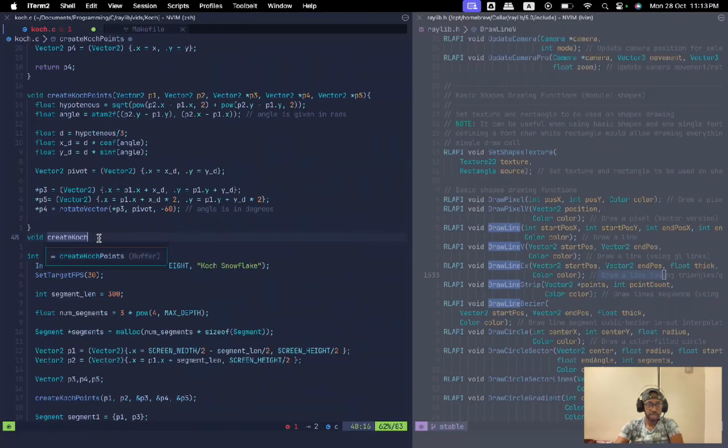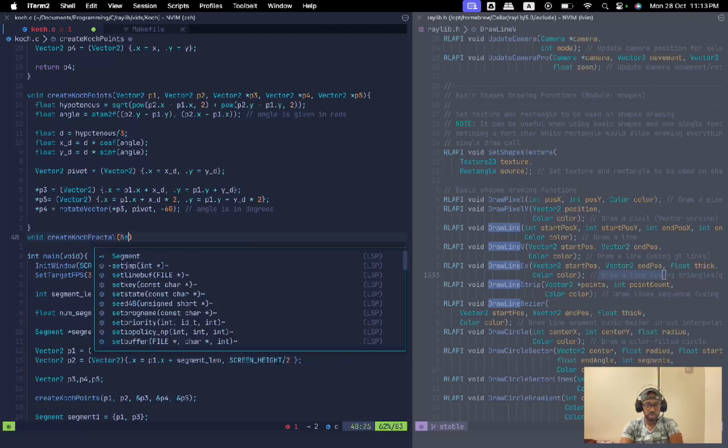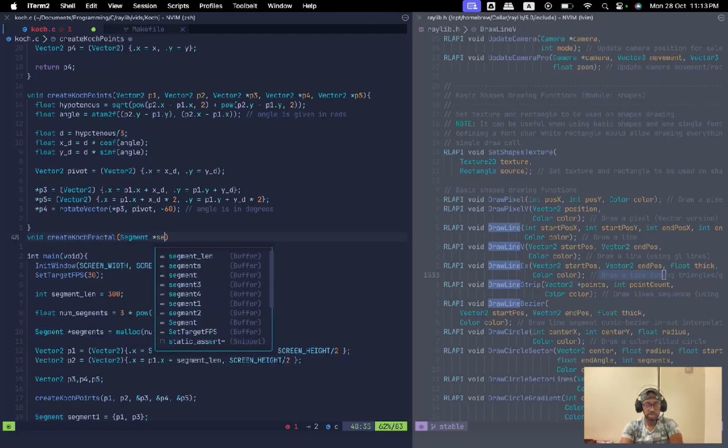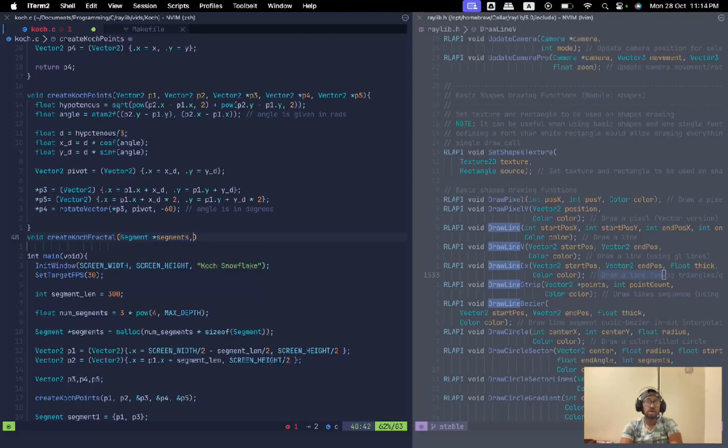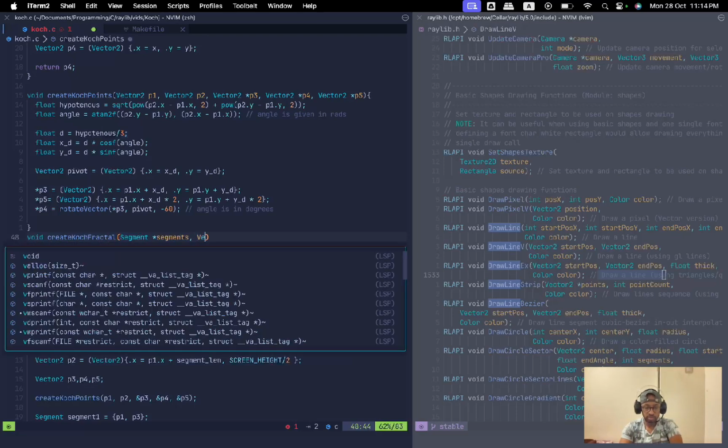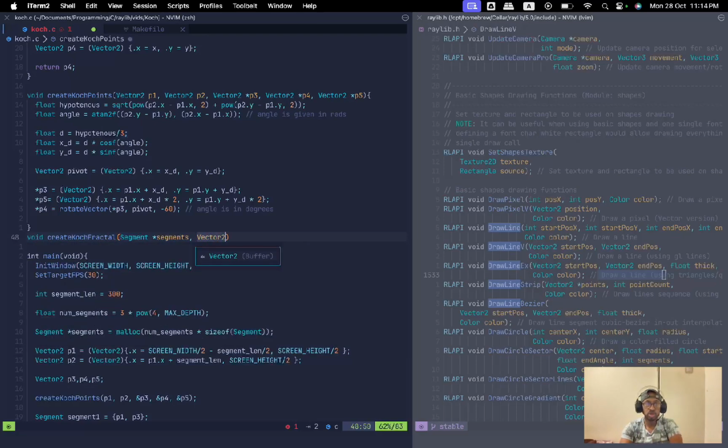I need to create a Koch fractal. I'm gonna call it Koch fractal. So my Koch fractal will take my segments, my array, and also I need my points, my vector 2, P1.